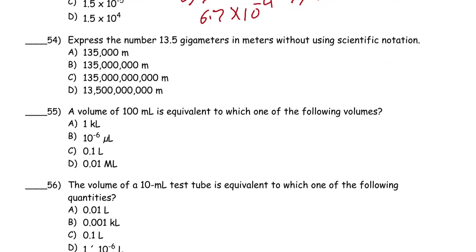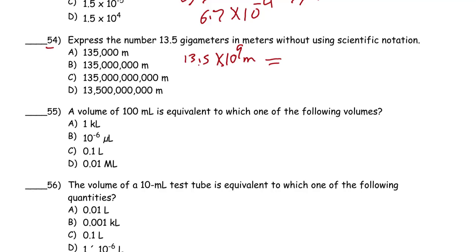For 54, express the number 13.5 gigameter in meters without using scientific notation. At the beginning, 13.5. We know giga means 10 power 9, right? So it equals 13.5 times 10 power 9 meter.